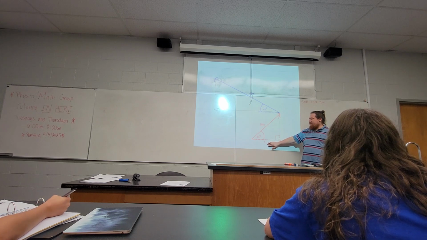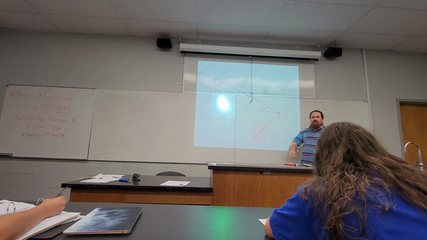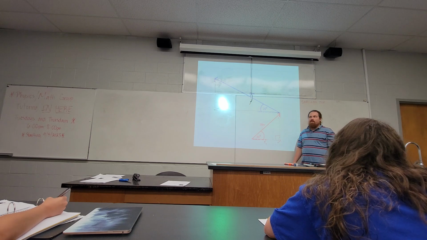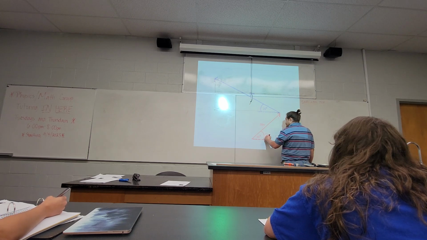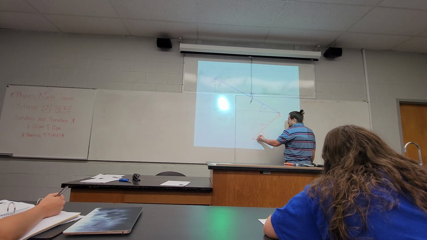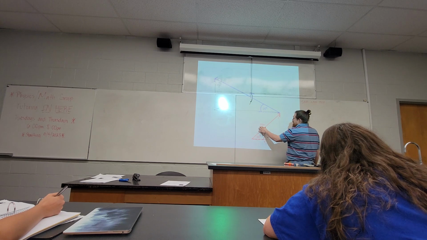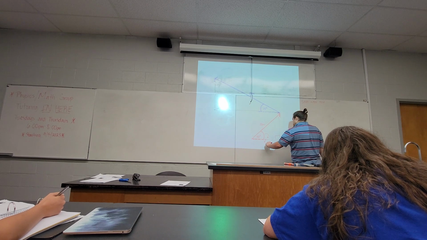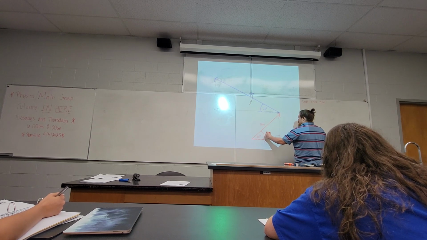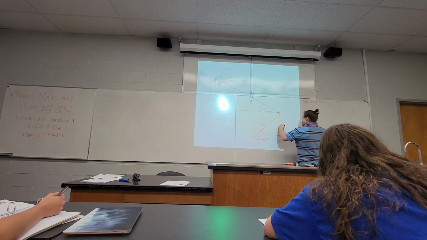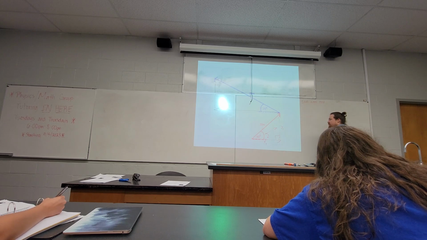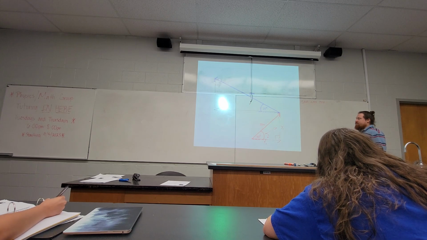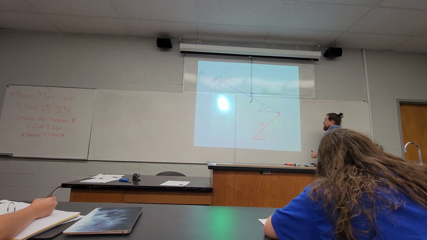Is this x leg adjacent or opposite the 40 degrees? Very good. Rules for adjacent are that it is touching the relevant angle, but it is not the hypotenuse. The slanted one is always the hypotenuse. So that's going to make this the adjacent leg, and by process of elimination, the y leg will be opposite.